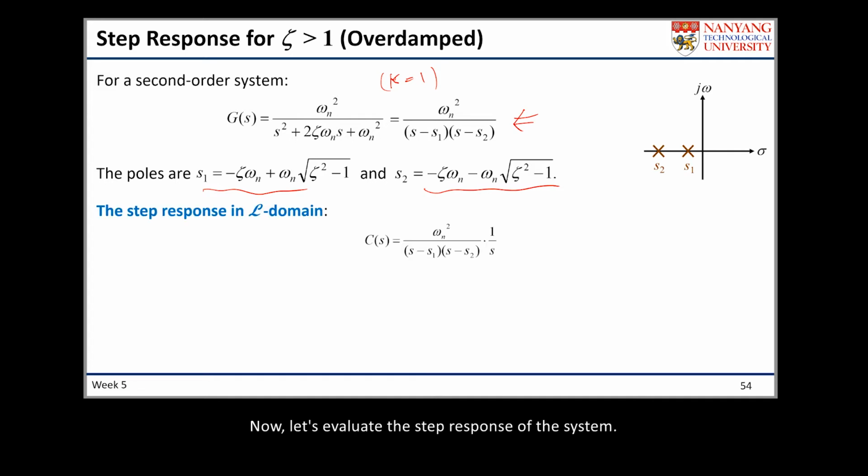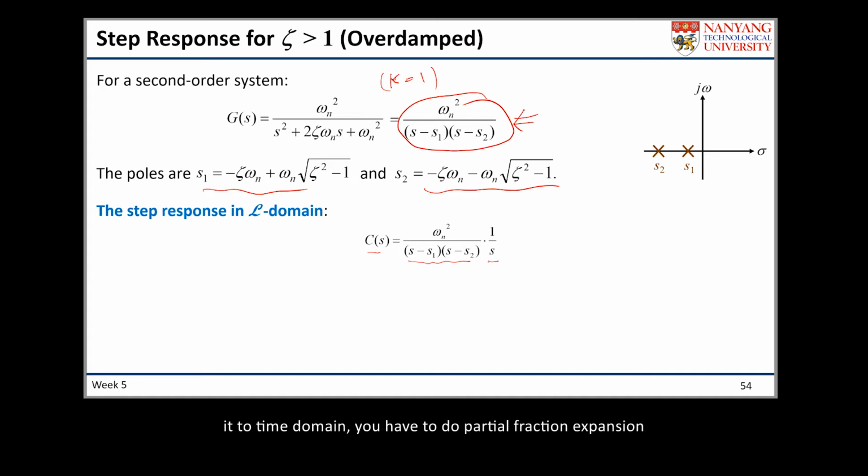Now, let's evaluate the step response of this system. Instead of using this transfer function, now I will use the simplified transfer function after we factorize the denominator. So the step response will be equal to the transfer function times the unit step input. This is the response, but remember again, this is still in the Laplace domain.